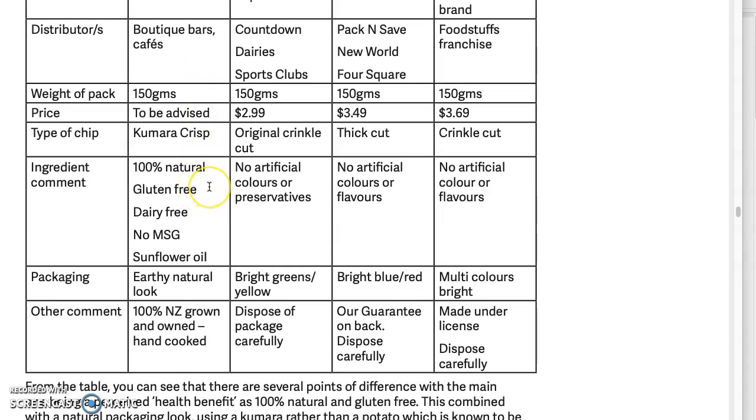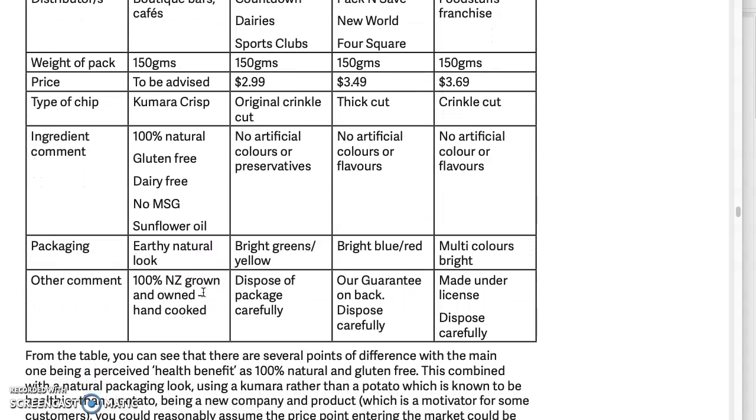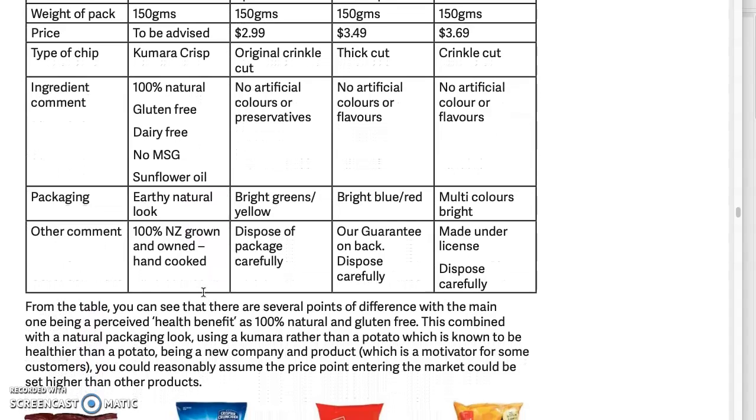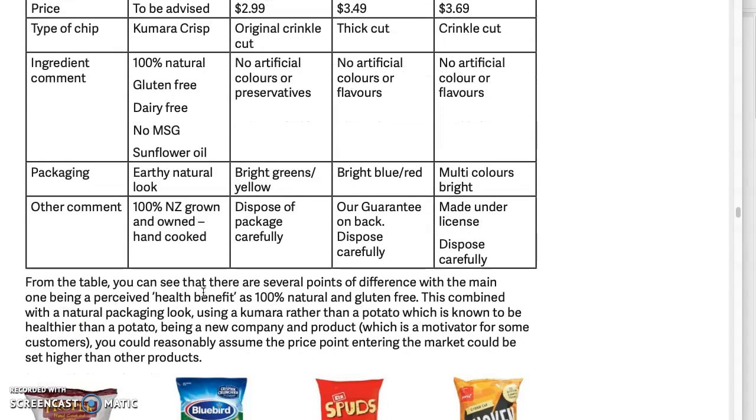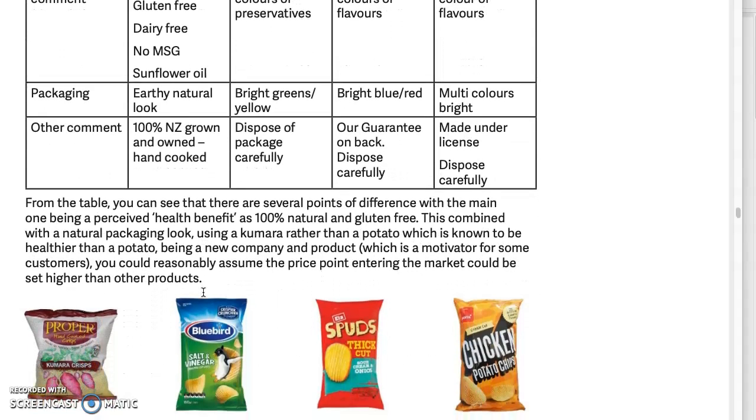Then they're going for the natural, gluten-free, dairy-free, no MSG, made in sunflower oil, not canola oil, nice earthy pack, and it's New Zealand grown. So you can see those points of difference. That one is aiming for the target market of going, well, we're healthier than everything else, even though they are still thinly cut and deep fried.